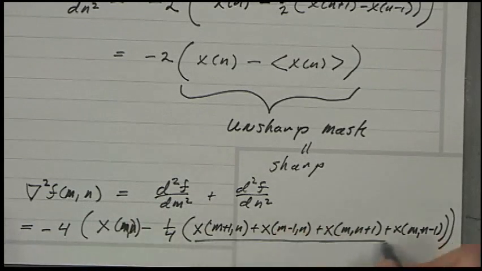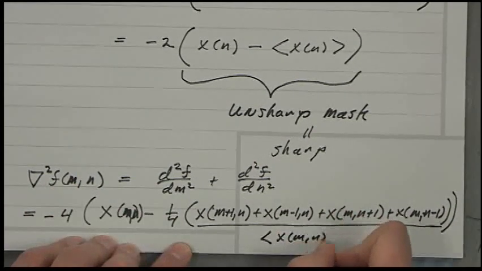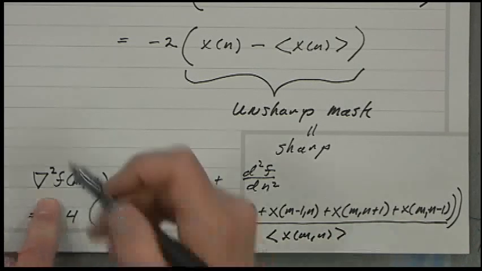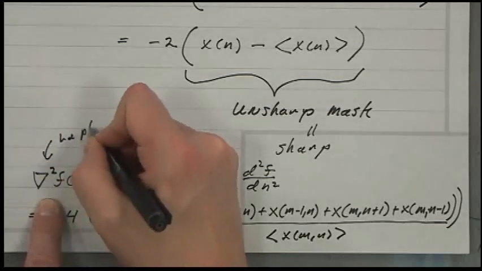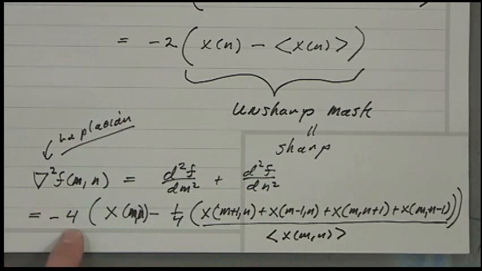So this is just the 2D average of x m n. So whenever you subtract a pixel from its local average, you're really computing something proportional to the Laplacian. If you take a pixel and subtract its local average, what you get is minus 1/4 the Laplacian.